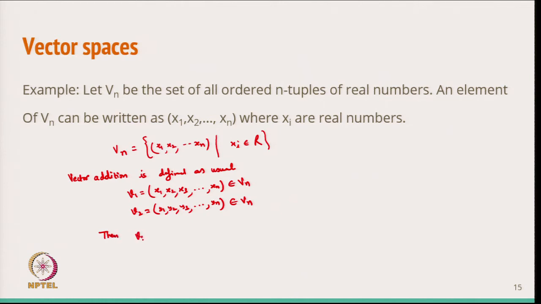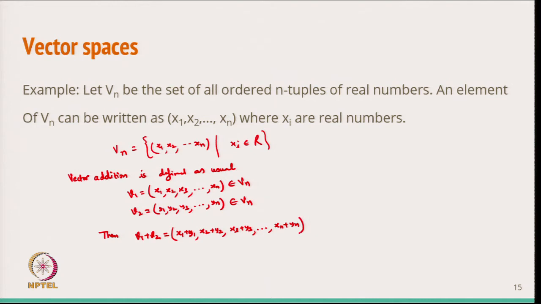Then I define V1 plus V2. This is the same way we used to add two vectors. We are adding component wise. So, that is x1 plus y1, x2 plus y2, x3 plus y3 and so on, xn plus yn.